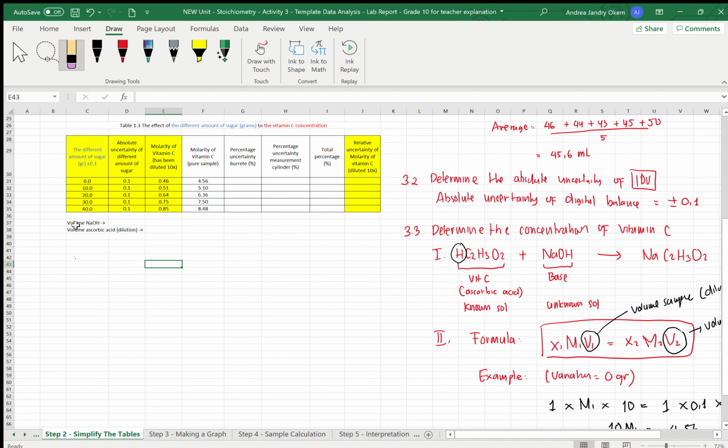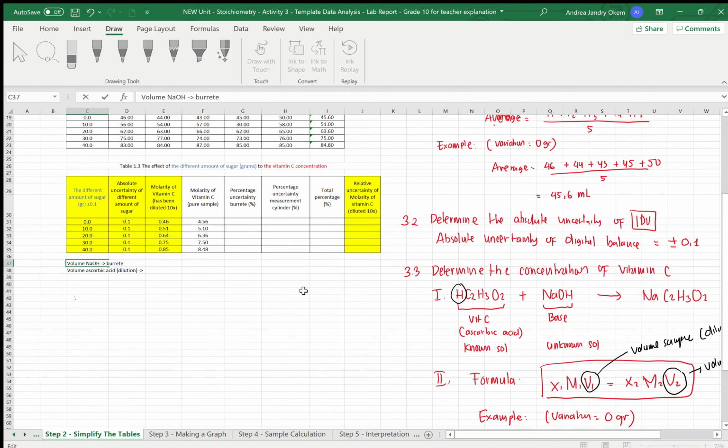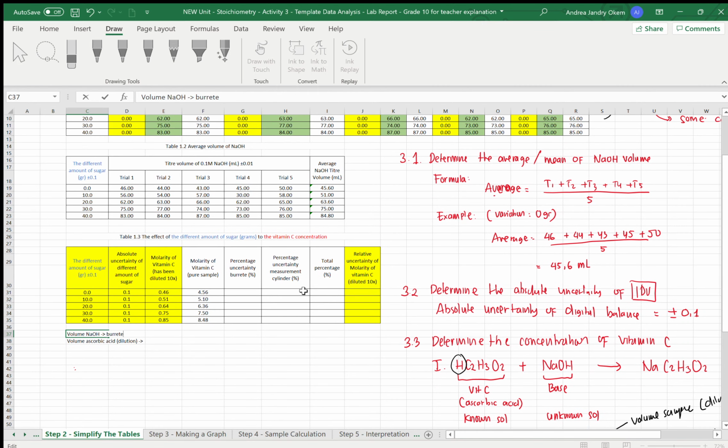Now, take a look. Like we have already known, the volume of NaOH will be measured using the burette. Then we need to see what is the uncertainty of the burette. We can see from the table, the second table, the heading is 0.01, or you can go back to your case study and take a look at the list of apparatus.